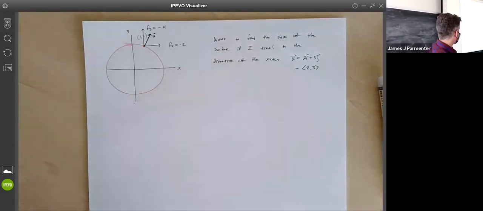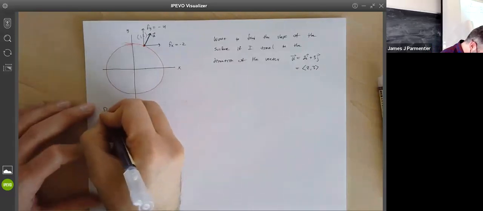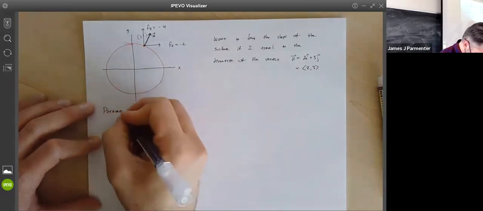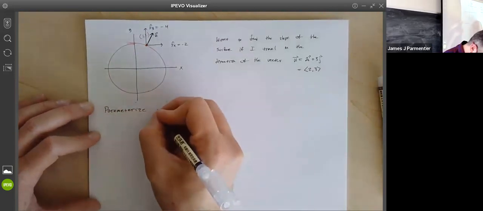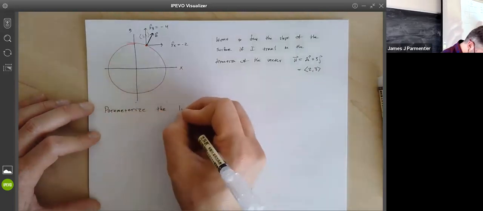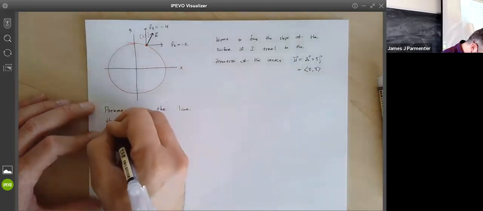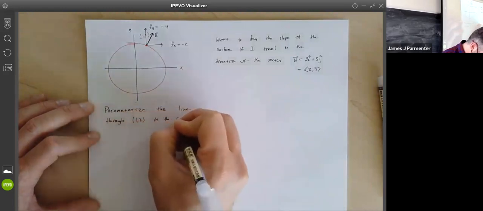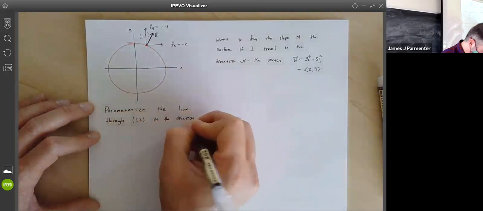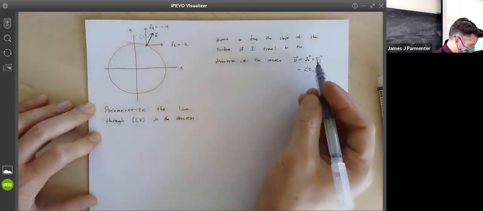So here's what we're going to do. We're going to parameterize the line that contains the vector that we're trying to go in the direction of. Parameterize the line through the point 1, 2 in the direction of the vector we're interested in, which is the vector 2i, 3j.